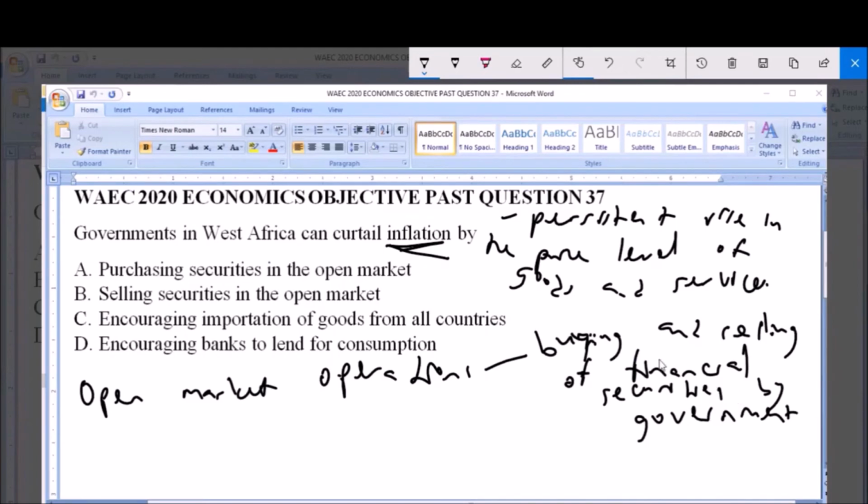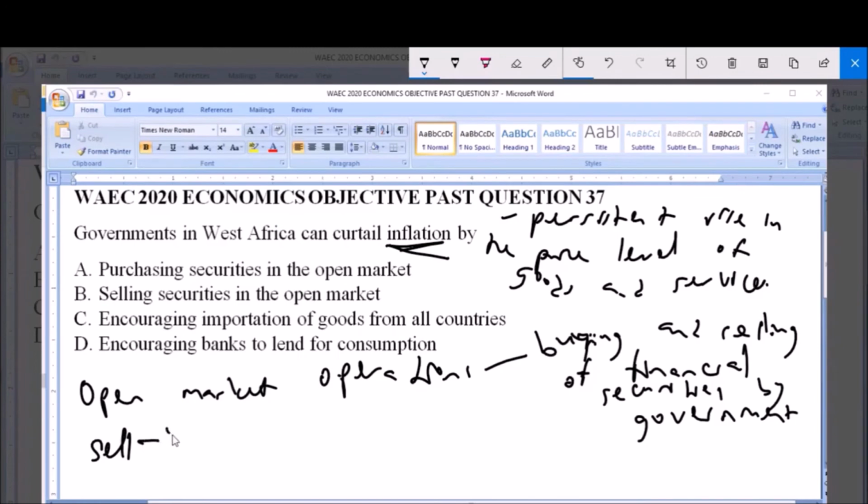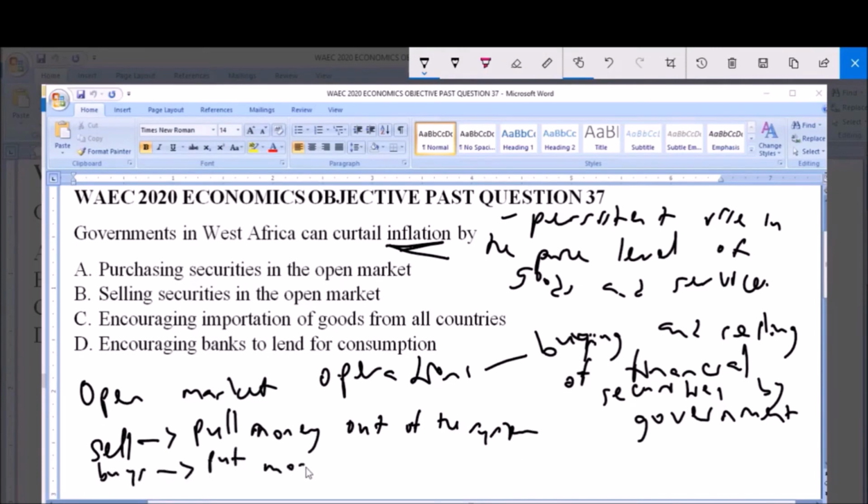Now, whether government chooses to buy or sell depends on the situation of the economy. Now, the government sells their securities in order to pull money out of the system, and government buys securities in order to put money into the system for circulation.